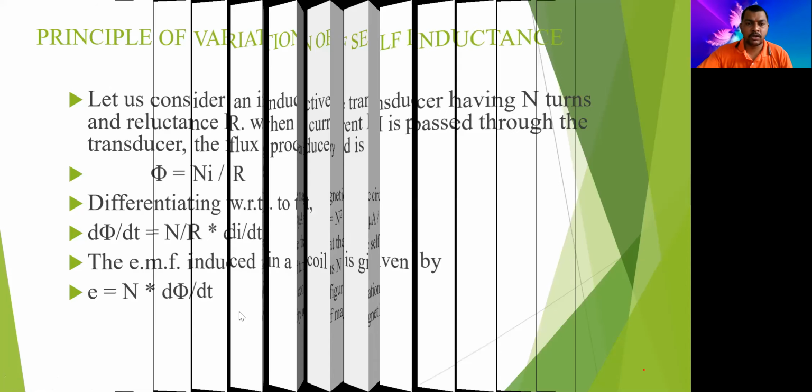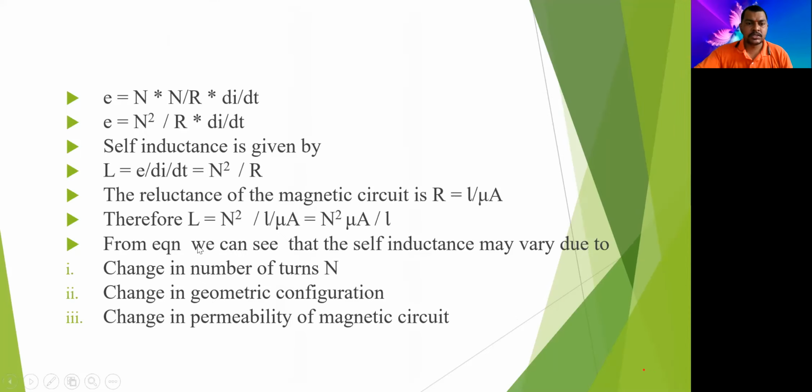If we change one of the parameters of this, so this is a derivative portion of it in which we are not interested, so we'll keep this. We have substituted all the values of EMF in that equation, and we get self-inductance given by this formula: L equal to E divided by di by dt, or N square by R, right?